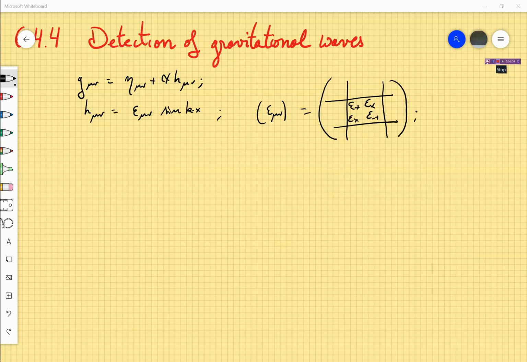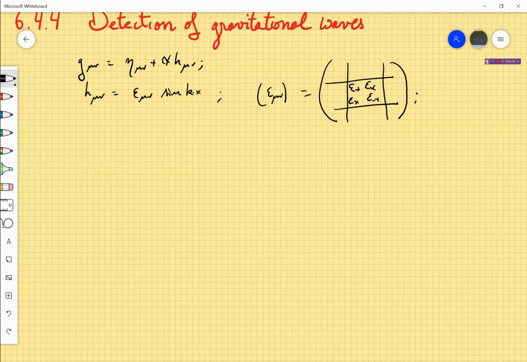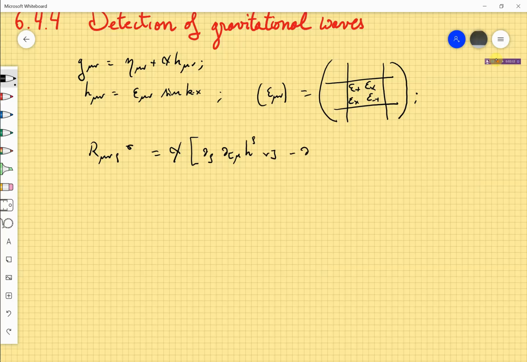This is something that we did in lecture 4 when we studied the weak field limit of general relativity, because in order to find the weak field expansion of the Einstein tensor, we first had to compute the weak field limit of the Riemann tensor, and there we found that R mu nu rho sigma was of first order in kappa, and is given by partial rho and this antisymmetrized derivative minus partial sigma mu, and this also antisymmetrized.